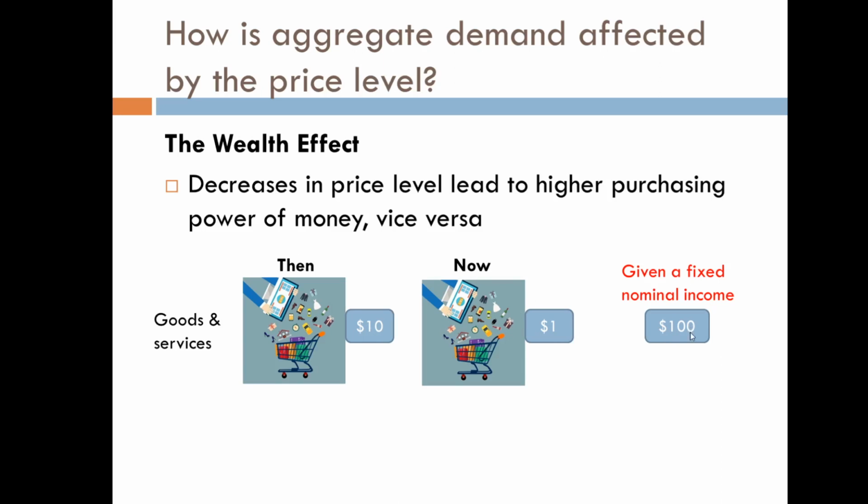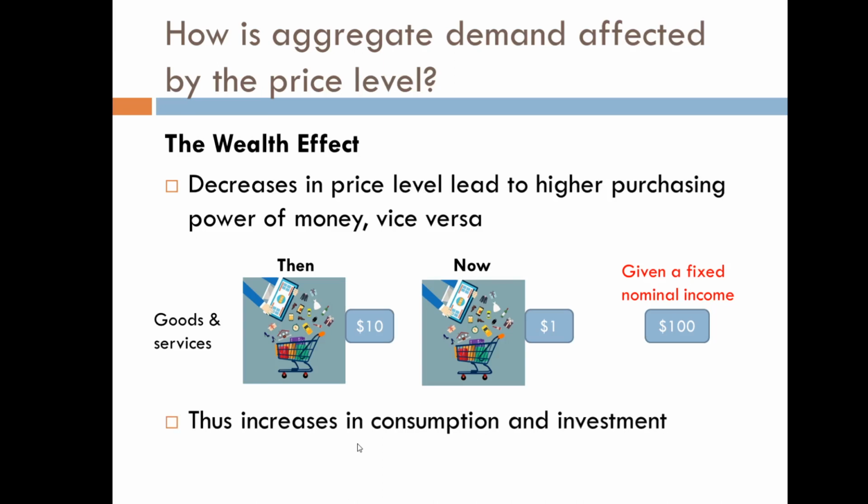Before, you could only buy 10 goods and services, but now you can actually buy 100 of them. So when the price level is getting less, you will prefer spending more money. You expect that when the price level decreases, your purchasing power will increase, and because of that, you will consume more.